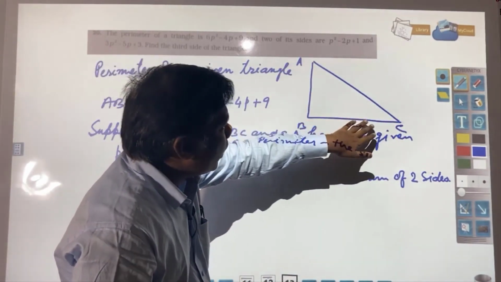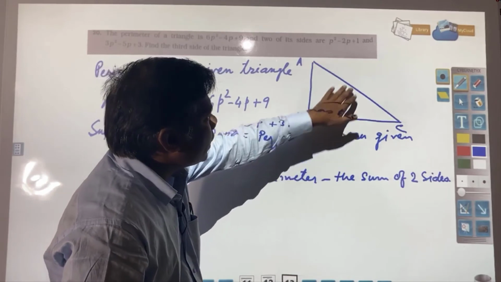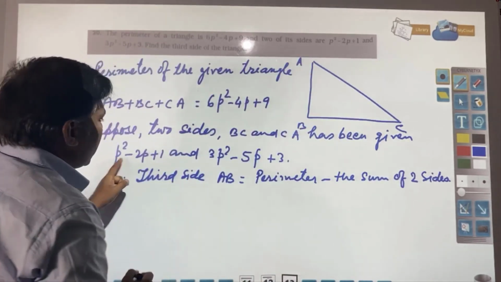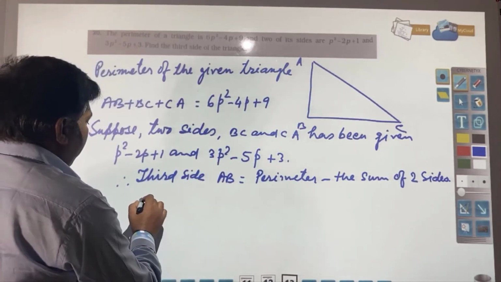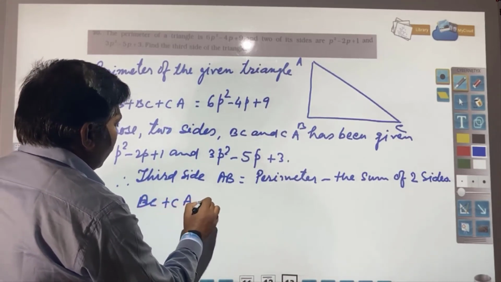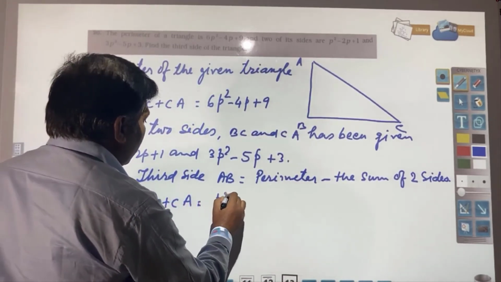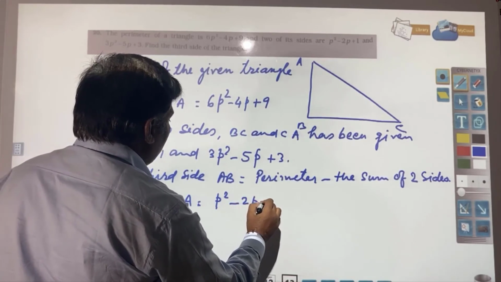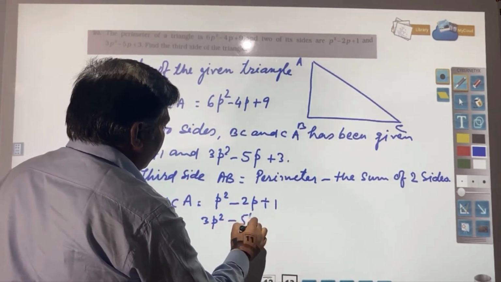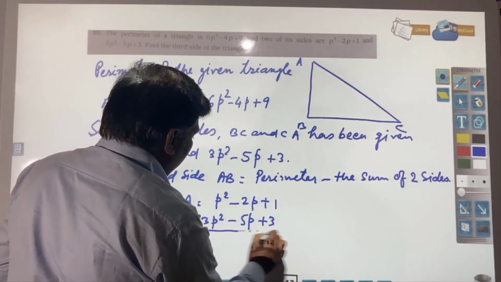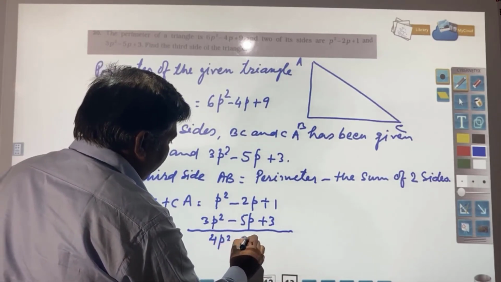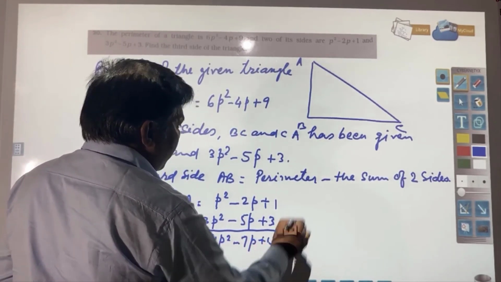So from the perimeter, if you subtract the sum of these two sides, you will get AB. So first of all, you need to add these both. BC plus CA will be p square minus 2p plus 1 and 3p square minus 5p plus 3. If you add this, what you will get? 4p square minus 7p plus 4.